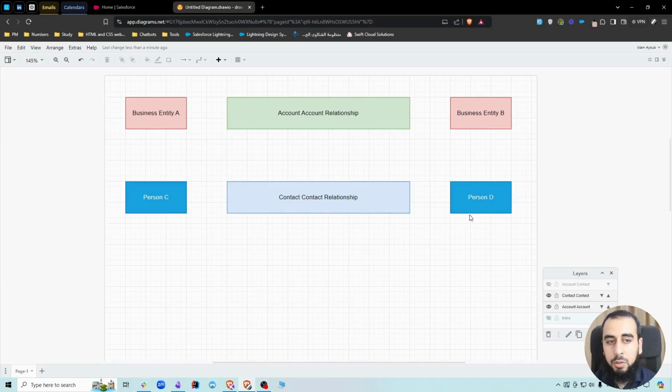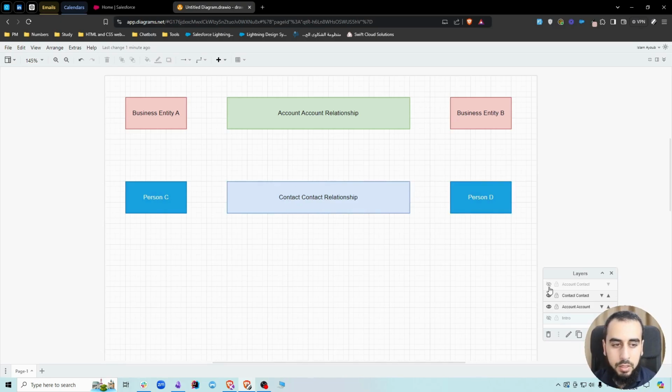If you need to see all the businesses related to this business, you go to this business page and you see what we call a related list, showing you all the account relationships, so you can see all the related accounts. You navigate to the page, you see that object. That's where you see related accounts. You go to this page, you look at this object. This is where you see related contacts.